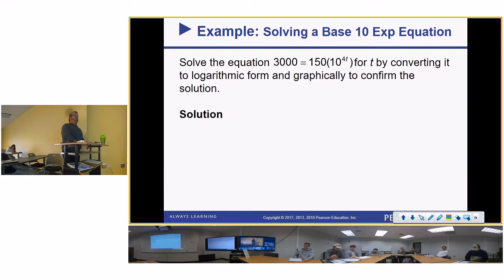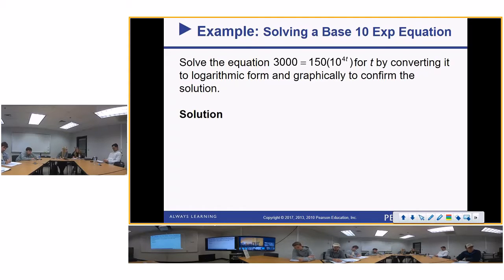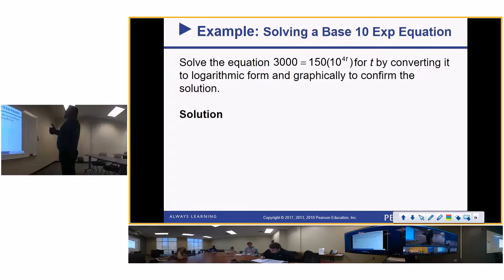It says solve the equation 3,000 is equal to 150 times 10 to the 4t. Write that down if you haven't got it yet. First of all, you can actually divide both sides by 150.